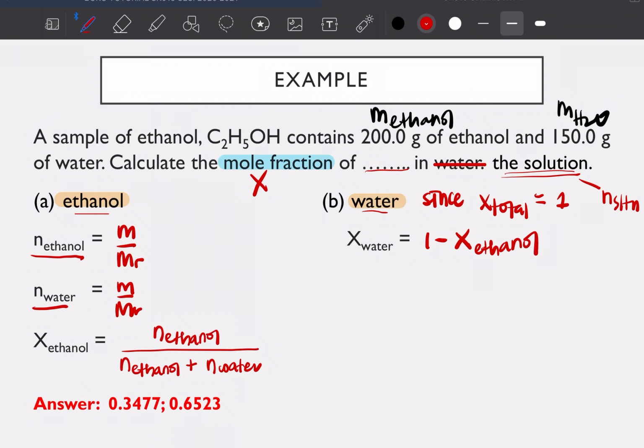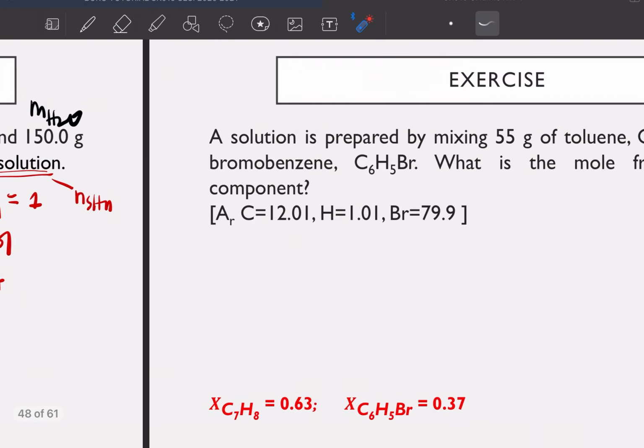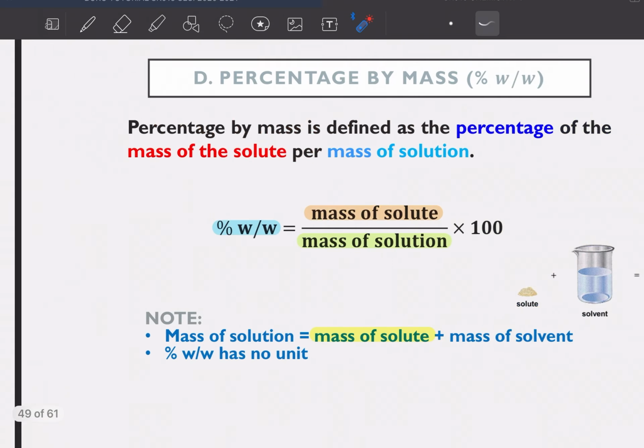Okay, so maksudnya tolak je lah 1 minus 0.3477. You will get the mole fraction of water. Okay, simple kan? Right. So this one, do it by yourself.